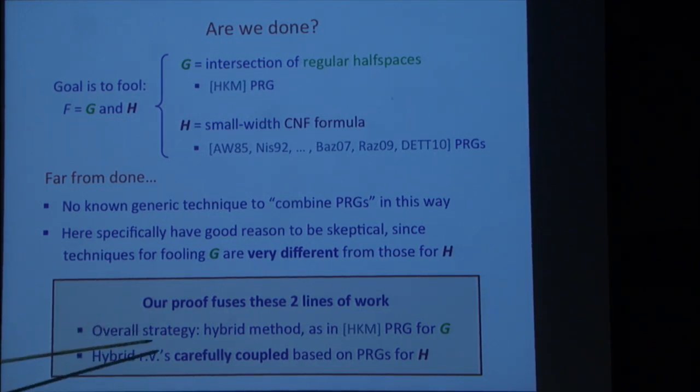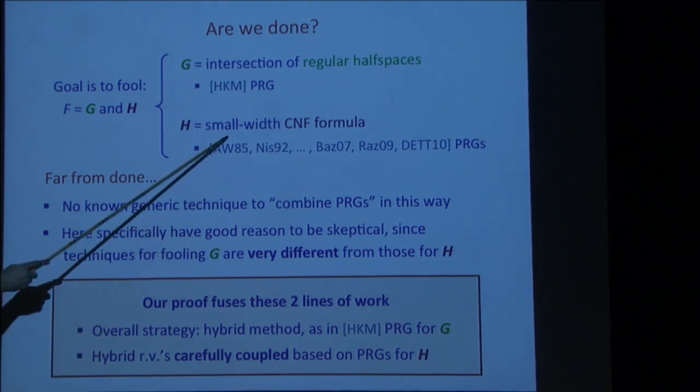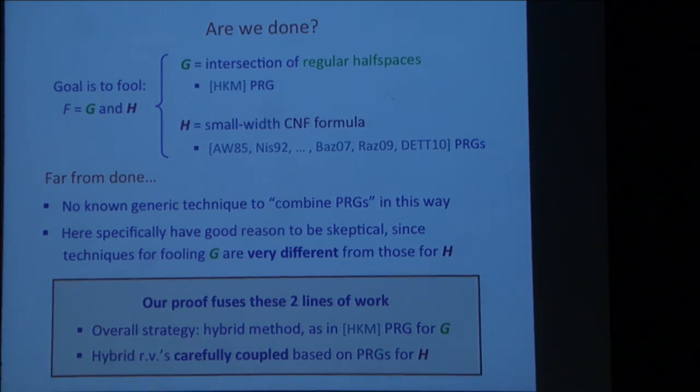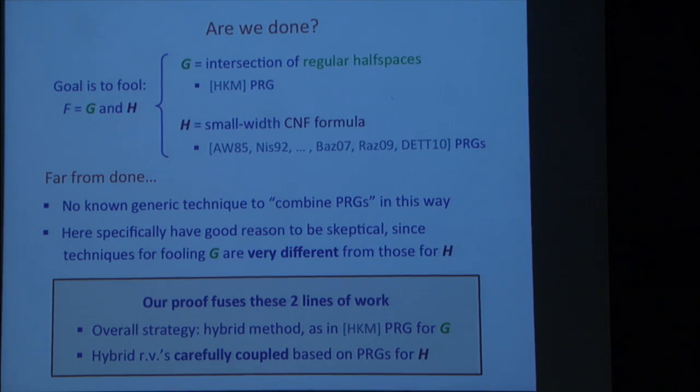But the analysis, in order to prove that it actually works, we have to bring in ingredients from the more combinatorial line of work on fooling, say, narrow CNF formulas. In particular, in the hybrid argument, which is at the heart of these proofs, we have to do a careful coupling to make the analysis go through, and the coupling is based on pseudorandom generators for CNF formulas. So I'll tell you more about this in the rest of the talk.